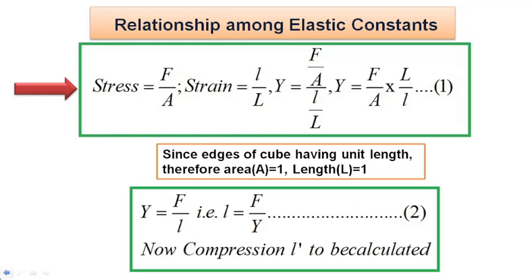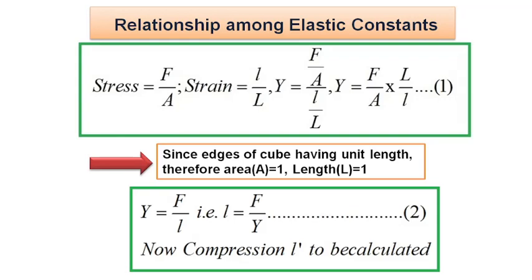Capital Y, that is the Young's modulus, is equal to force divided by area, whole divided by change in length along the x direction divided by original length. From that, capital Y is equal to force divided by area into capital L divided by small l, that is the elongation or extension along the x direction, which is, suppose, equation 1.